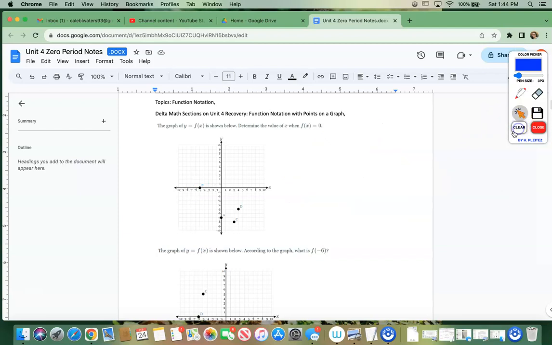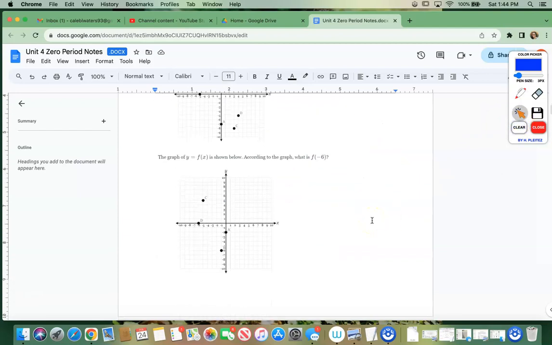So let's get another one. So for this one, it says the graph of y equals f of x is shown below. According to the graph, what is f of -6? So in other words, they're saying, what is the y? I'm going to write this out in words. What is the y when x is -6?